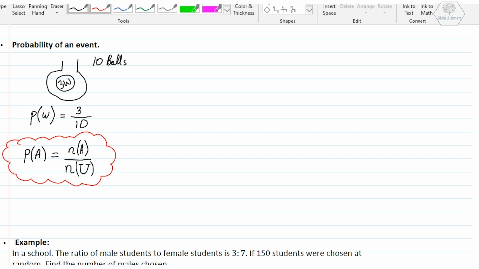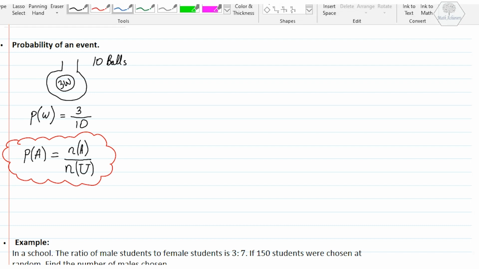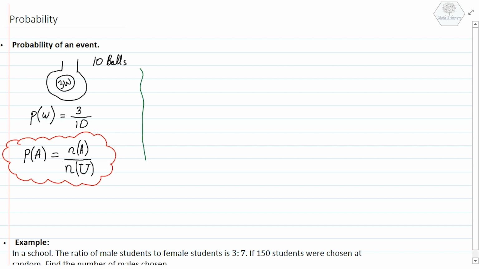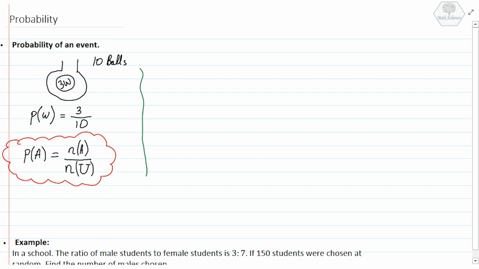Another thing which is very important for us to know is that the probability of any event always lies between 0 and 1. So the value of the probability is either 0 or greater, and less than or equal to 1. Under no circumstance would the probability be greater than 1 or greater than 100%.